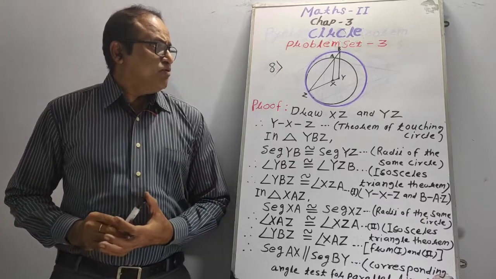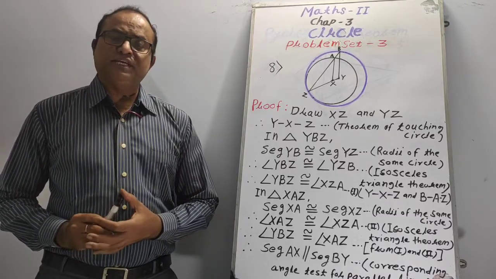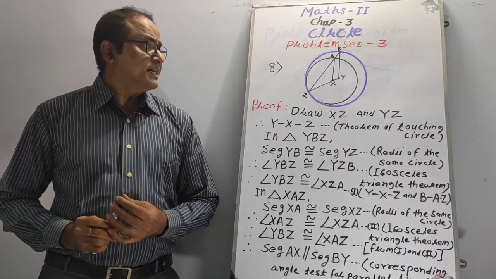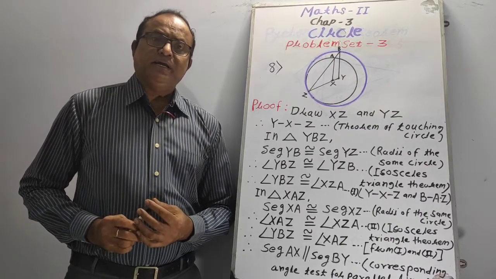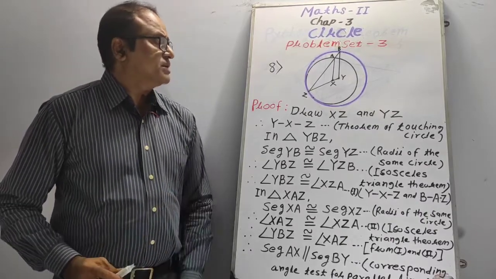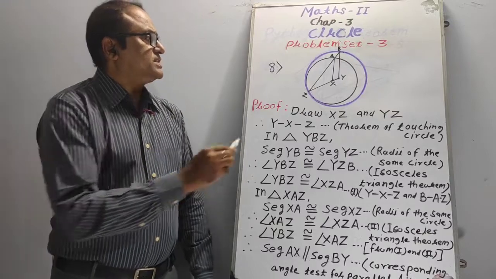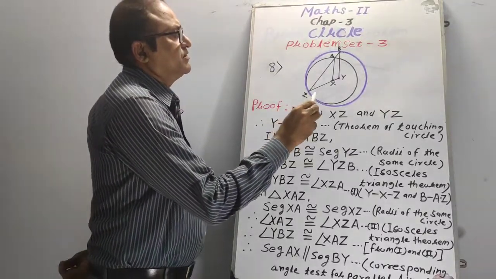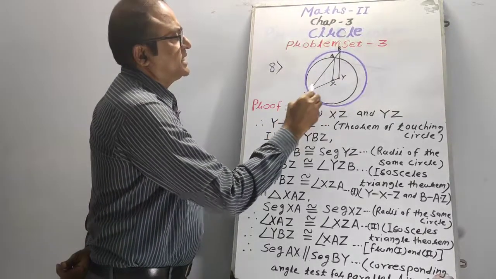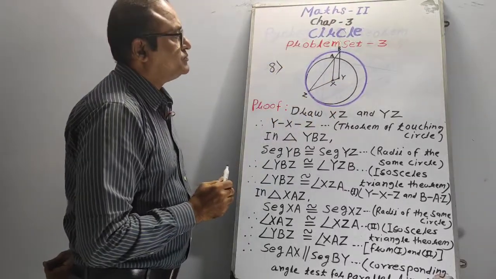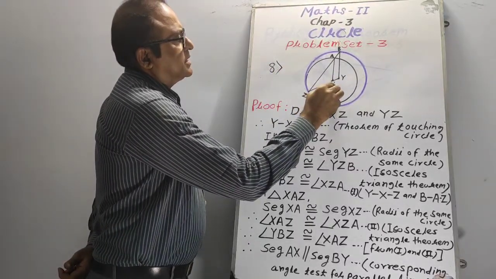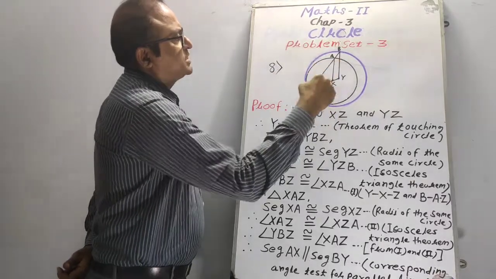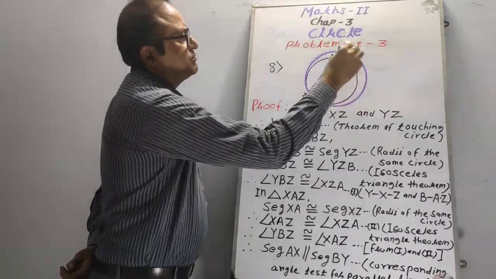In this example, we have to prove that seg AX is parallel to seg BY, which can be proved with the help of the given figure. First see the figure. In this figure, first draw seg XZ and YZ. X is the center of the small circle and Y is the center of the bigger circle.